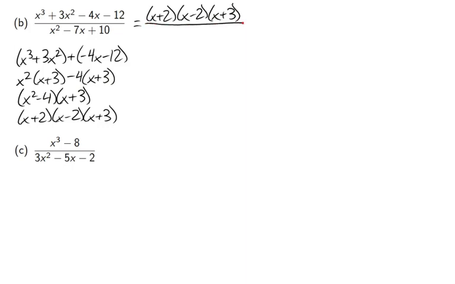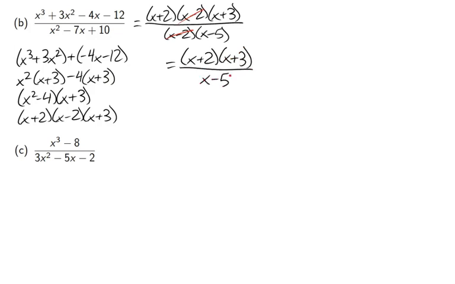In the denominator, this one's much easier to do. This one is x minus 2 times x minus 5. So in this case, we can cancel the x minus 2's, and we get x plus 2 times x plus 3 over x minus 5.